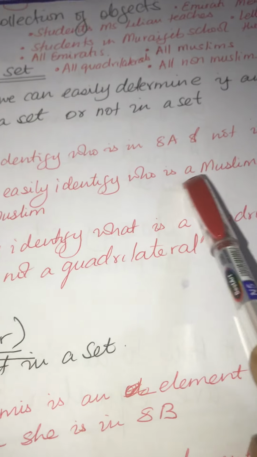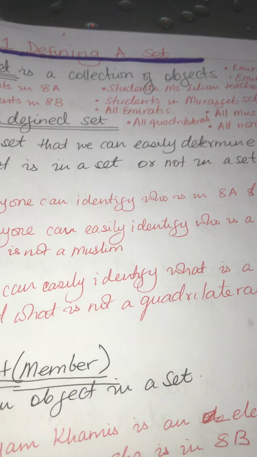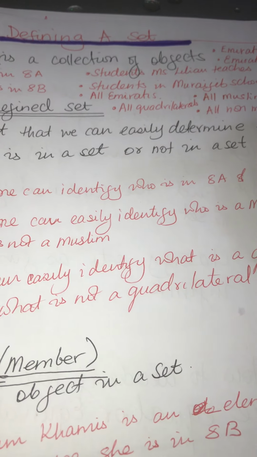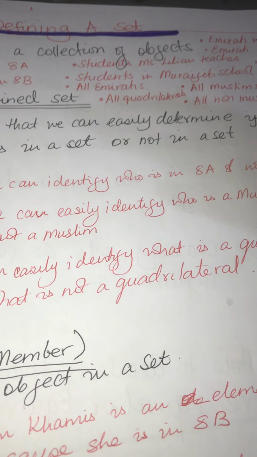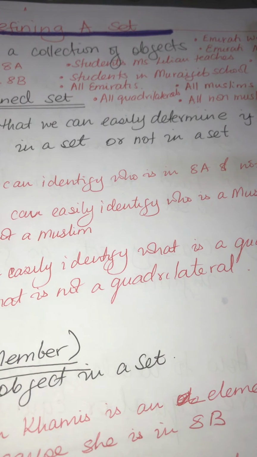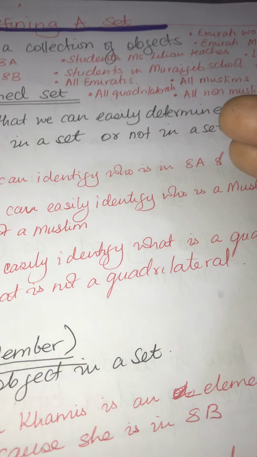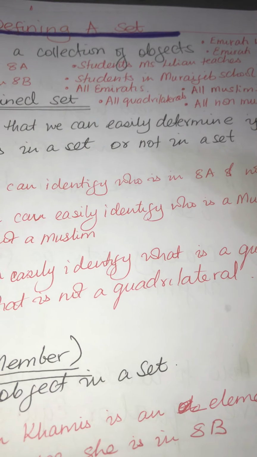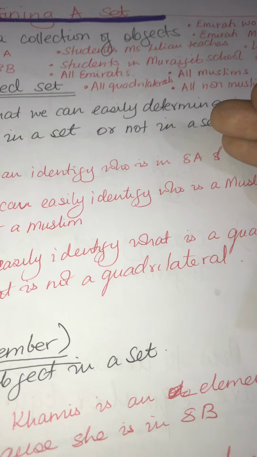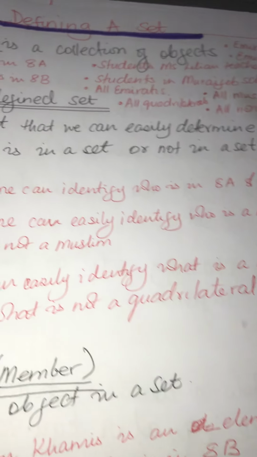Anyone can easily identify who is a Muslim and who is not by their dressing. A lot of Muslim men wear the kandora, and a lot of Muslim women wear the abaya and the shayla. So it is easier to identify a Muslim individual from a non-Muslim.